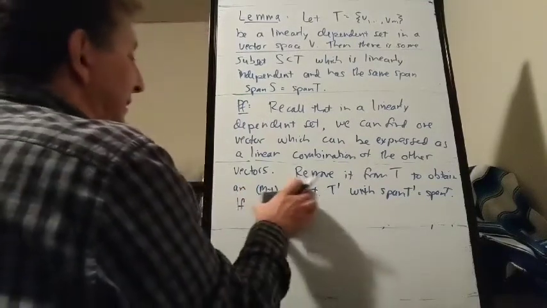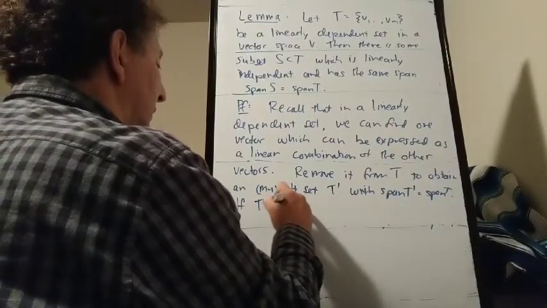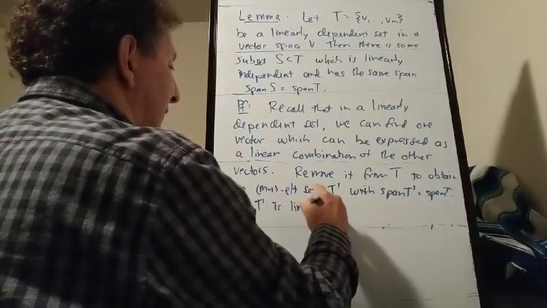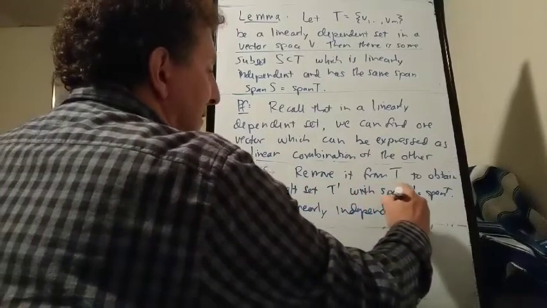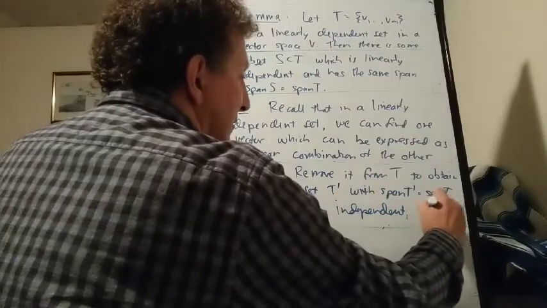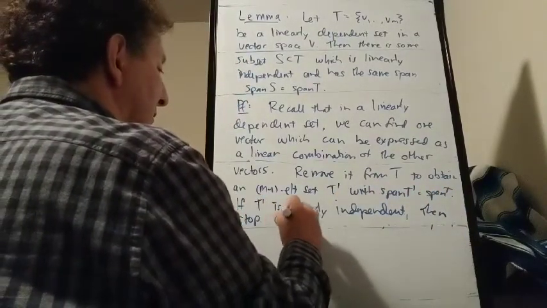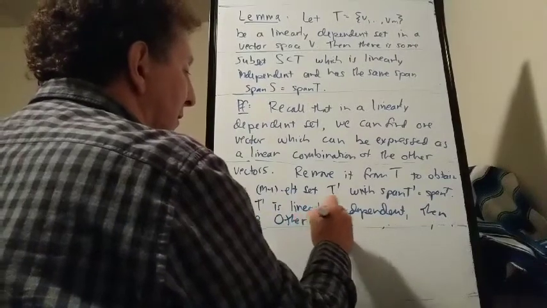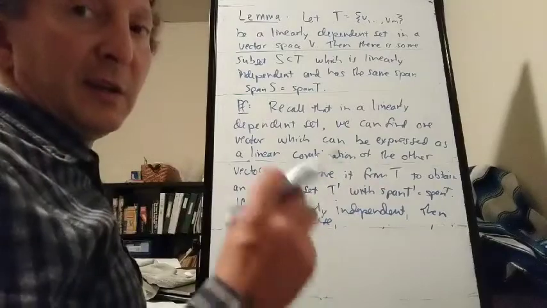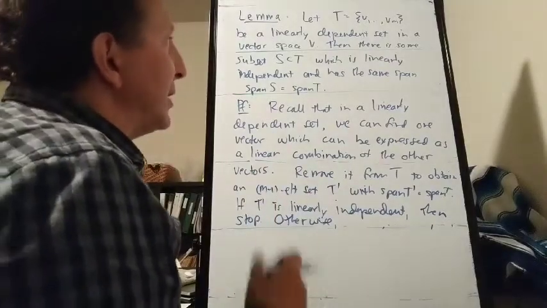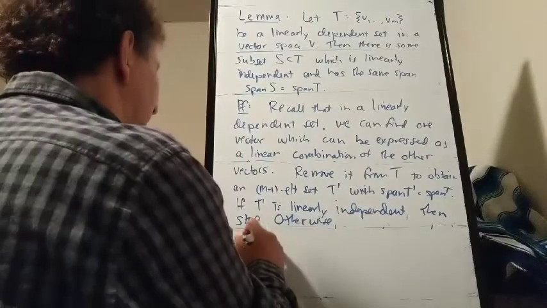If T prime is linearly independent, then we can stop. Otherwise, we can repeat this process, taking out vectors that we don't need because they can be expressed as linear combinations of the other vectors.